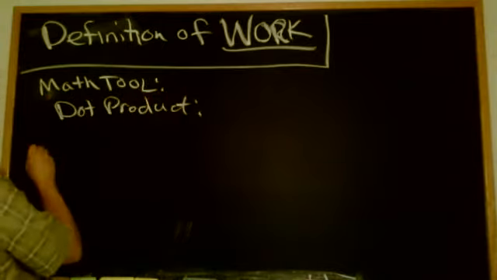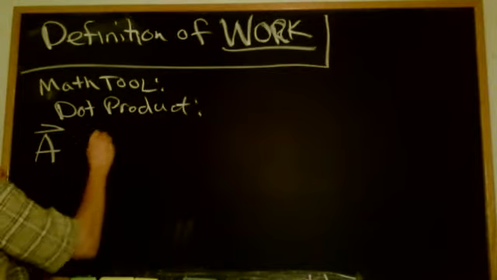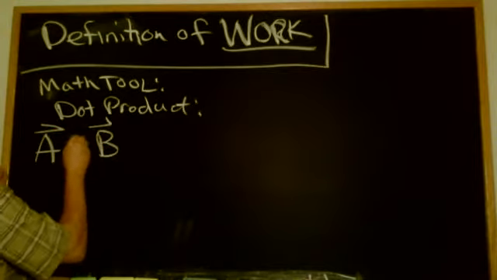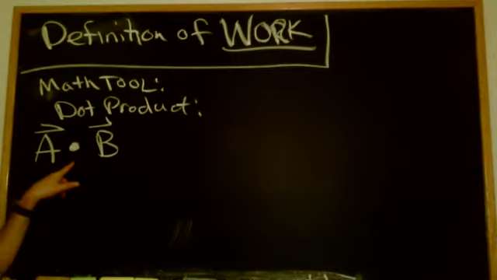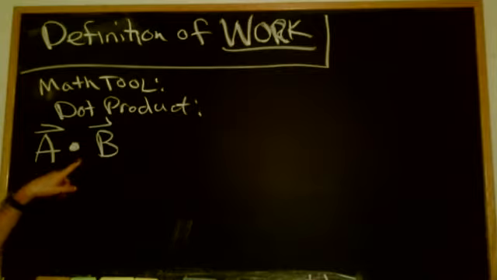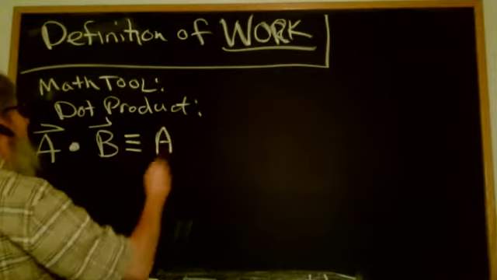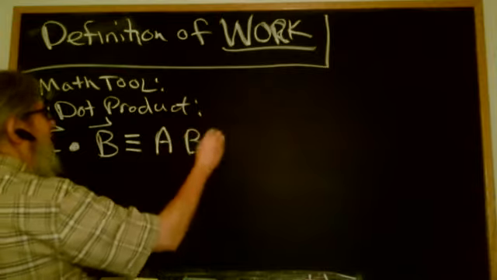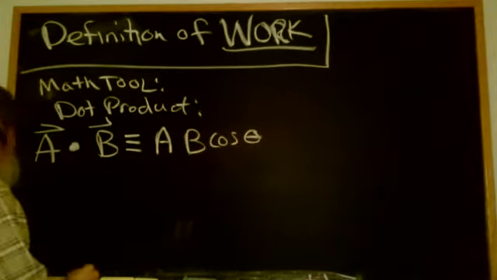between two vectors. If I have two vectors A and B, and I take the dot product, which is to say I multiply the two vectors in accordance with a symbol which I write down as a dot, then this is defined as the magnitude of A times the magnitude of B times the cosine of theta, where theta is the angle between them.